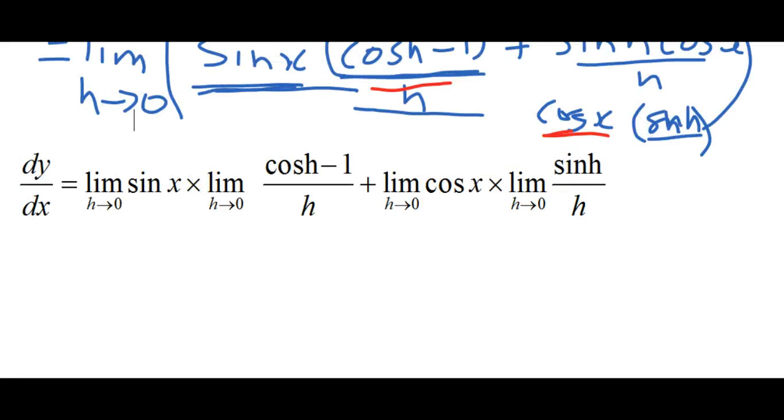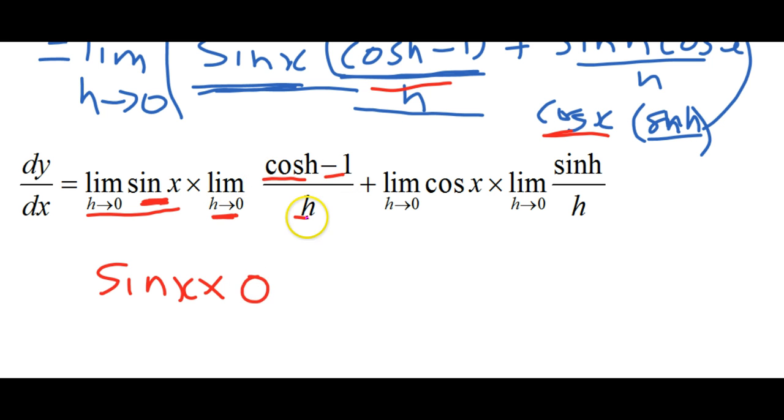Now, if what we are saying is true, then if I take the limit of sine x as h approaches 0, because we don't have h in sine x here, that alone will give me sine x again, times the limit as h approaches 0 of (cos h minus 1) over h, which will be 0.